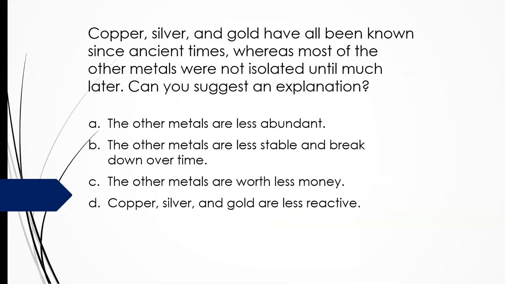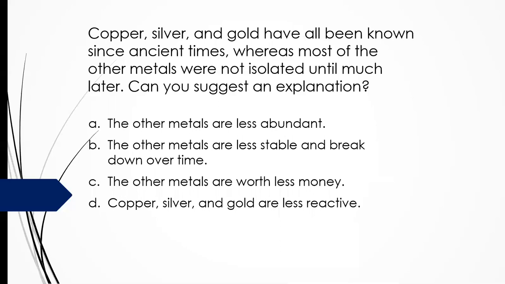So things like copper, silver, and gold, it's not that other metals aren't as abundant as them, which is why we've known about them for so long. But what property is it about copper, silver, and gold which is why we were able to isolate them earlier, whereas other metals we didn't isolate until much later?